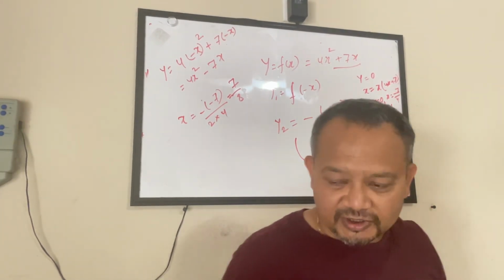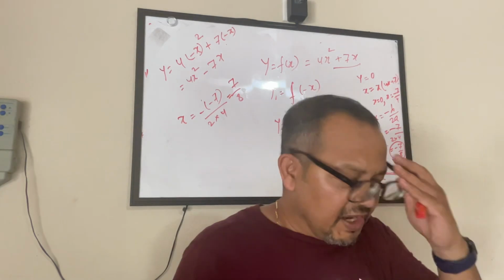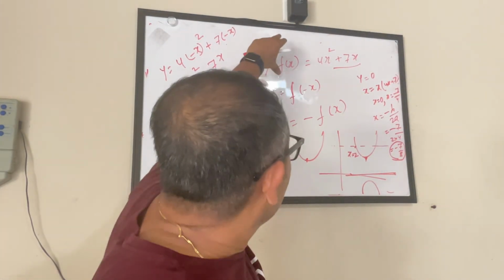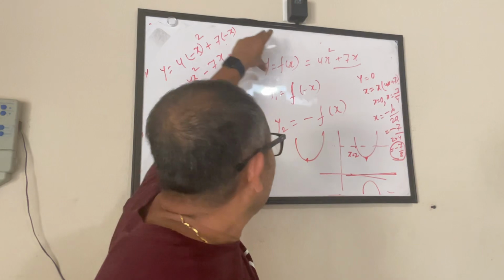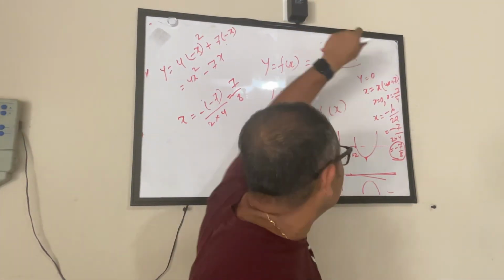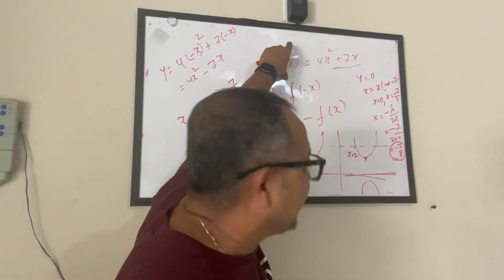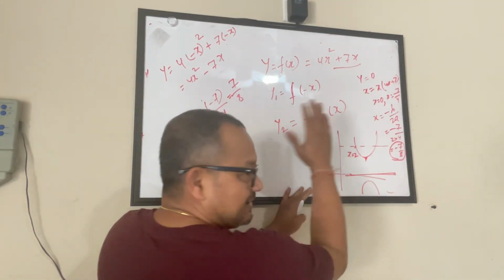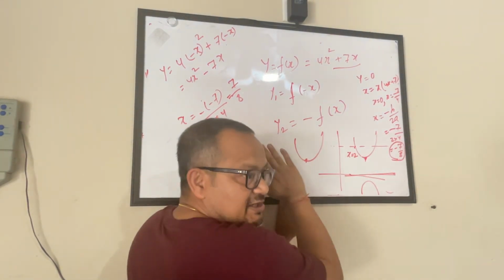So look at this one. If my function is y equals f(x) as 4x square plus 7x, if I change x to minus x, what happens to my parabola? It takes a mirror image against the y-axis.